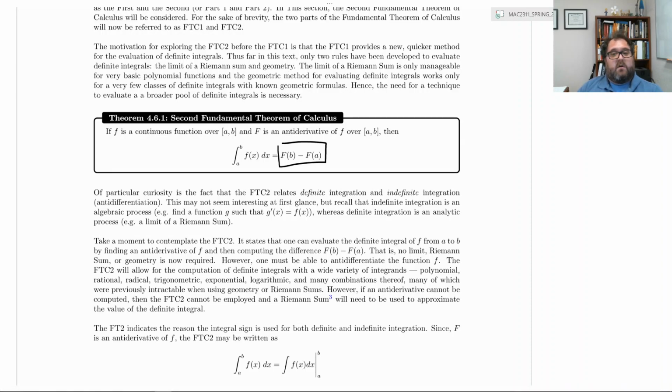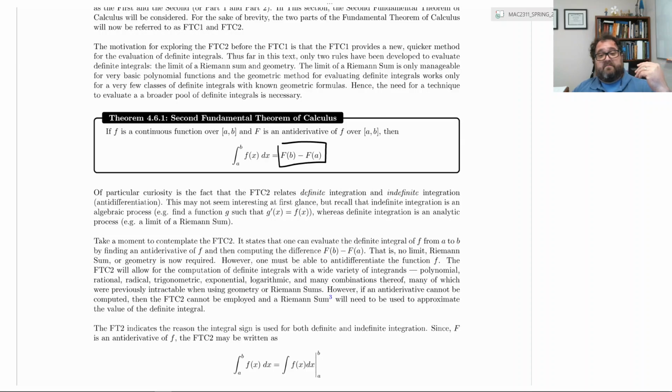It says that all we have to do is take capital F, the antiderivative, evaluate at b, then take capital F, the antiderivative, evaluate at a, and find the difference. And somehow that is equal to the definite integral from a to b. To me, that is just like the most crazy result ever.